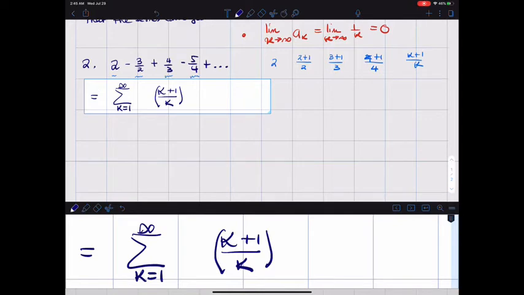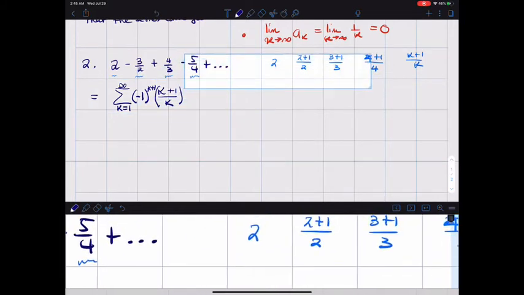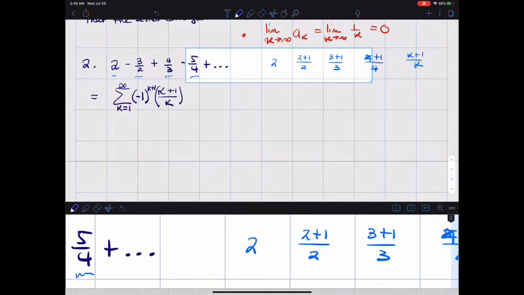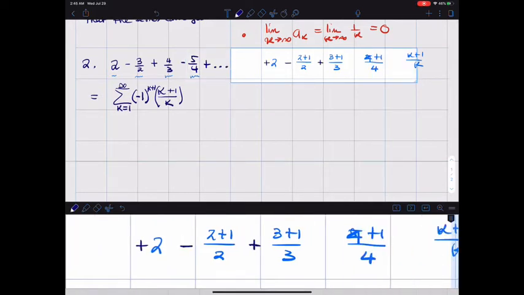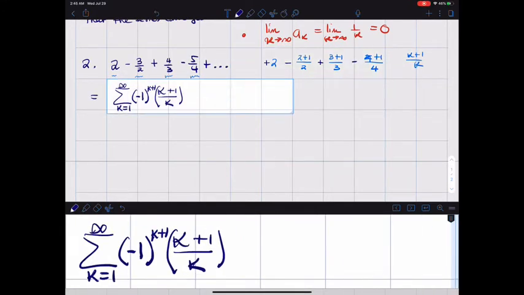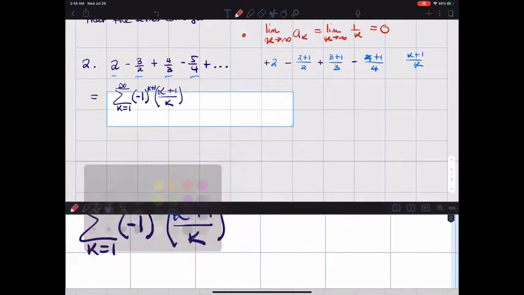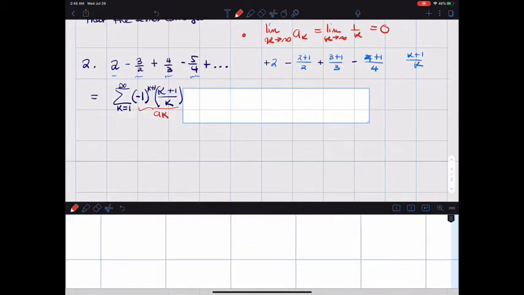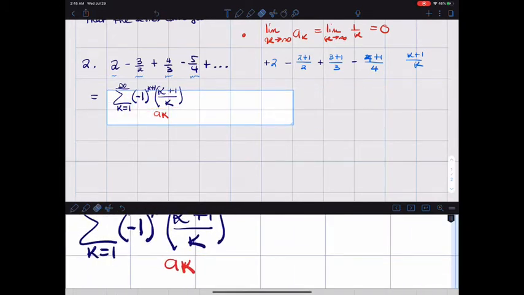So we can write it as -1 to the power of k plus 1, and that would do it. That will make sure we have a positive here, then a negative, then a positive, then a negative, and so forth. Okay, so this is our a_k.